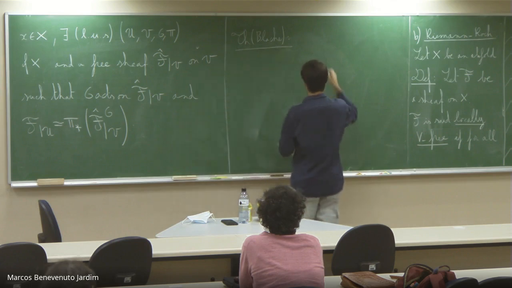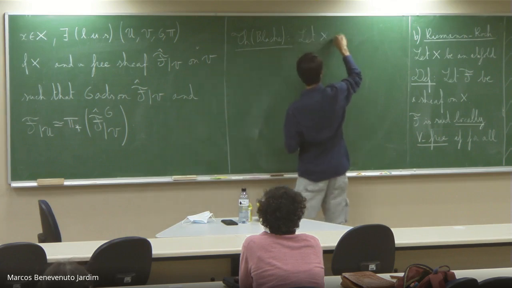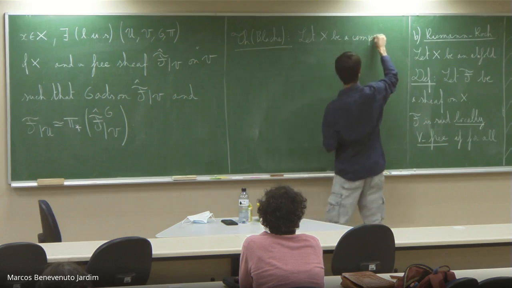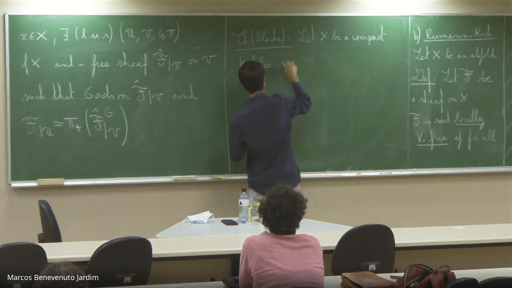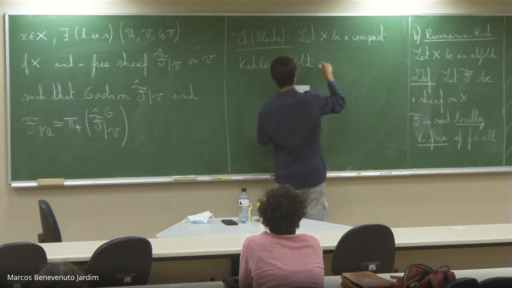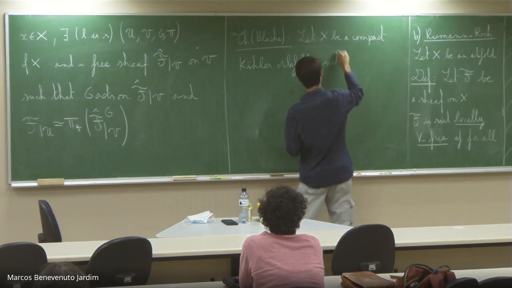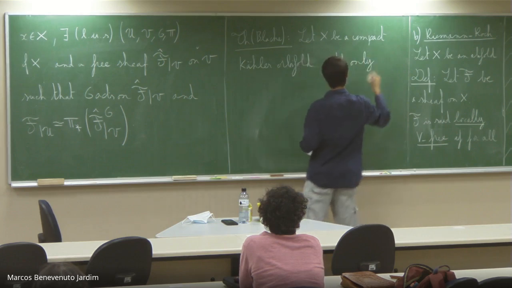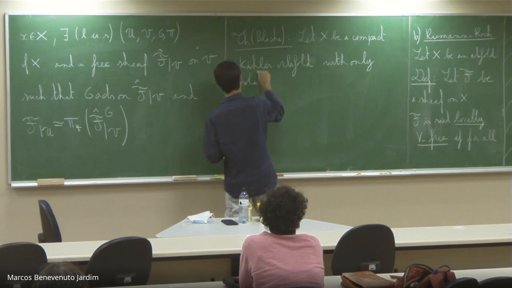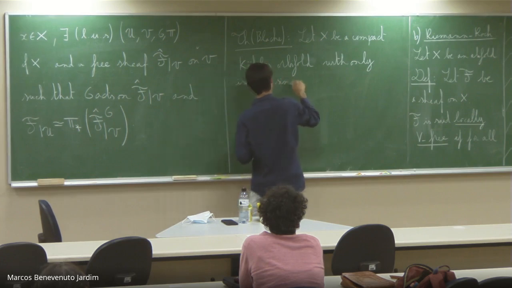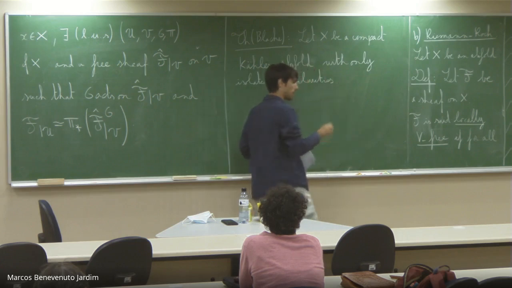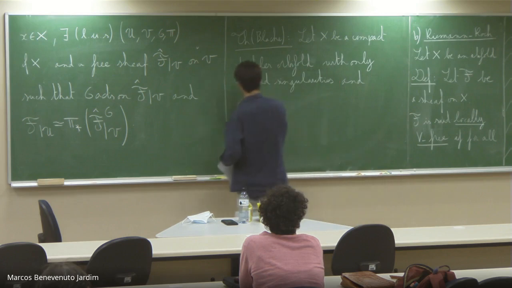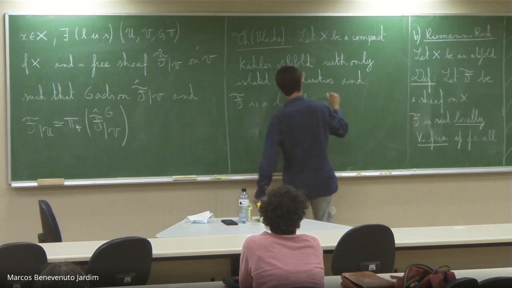So I still take X to be a compact Kähler orbifold with only isolated singularities, and F is a locally V-free sheaf.